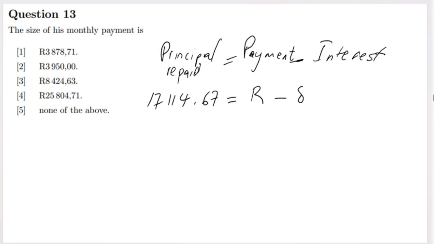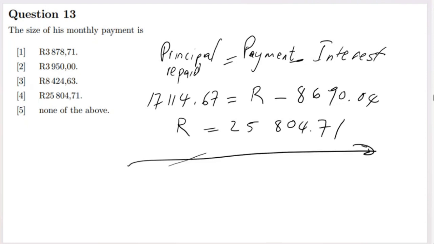So this is going to be 86.90,04. So you can just get your payment. Your payment is going to be 25,804.71. The amortization ones should be those questions that you are really happy to just get your free marks.